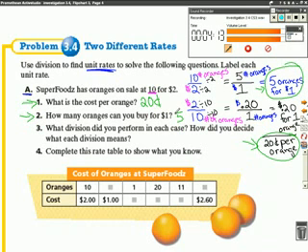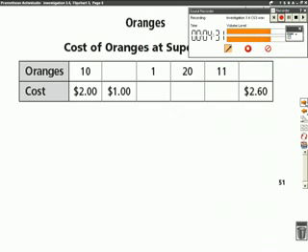All right, so now the very next thing is part 4. Complete this table to show what you know. So it's using the information that we have, the 10 for $2, and you can see that right here in the table, and it's asking us to fill in the rest of the table. All right, let's go to the next screen. That's a little bit bigger. Okay, so if I have $1, how many oranges can I buy?